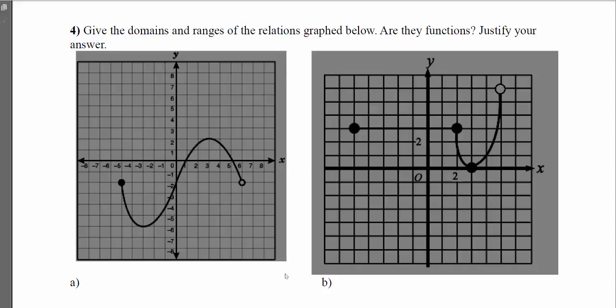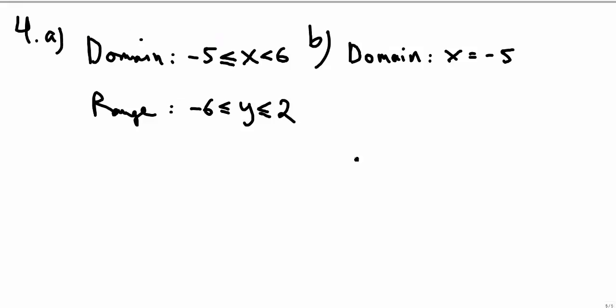Okay, so from 2 to 5, include 2, not including 5.